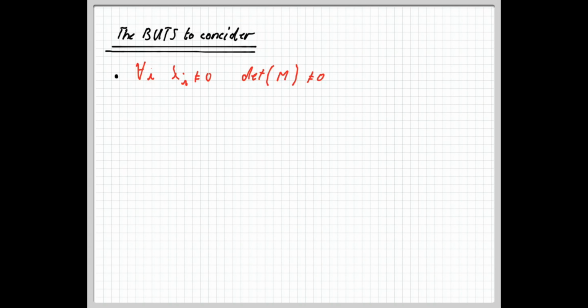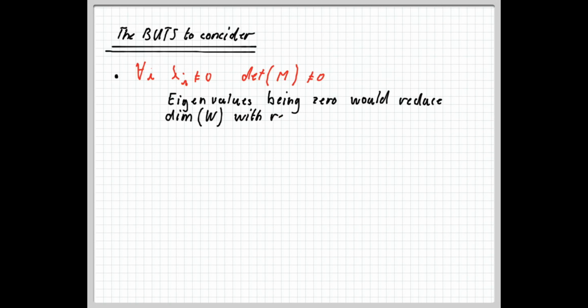In this case, the dimensions of the space projected on is reduced with respect to the original space. Furthermore, if M is not singular, its inverse exists, which turns out to be nice later on.